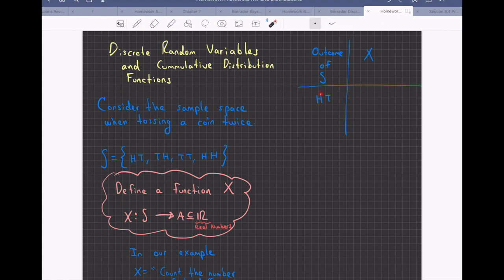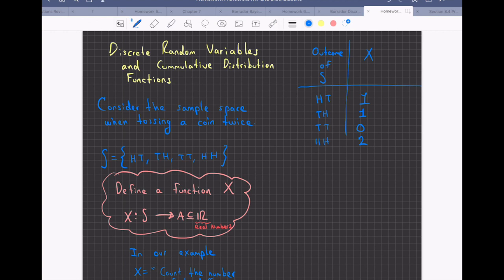We have only one head, right? So the value for X here is 1. And for the other ones, TH, TT, and HH. Here, how many heads do we have? We have 1. In the next one, tail, tail, we have no heads, 0. And in the next one, head, head, we have 2 heads, so 2.